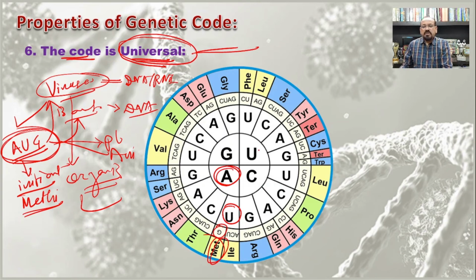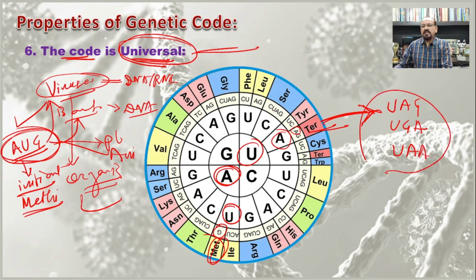Again, the U, A, that is the termination codon that we have seen earlier. It means that in every organism the meaning of termination codon will be the same, that we have seen earlier, that UAG, UGA and UAA.